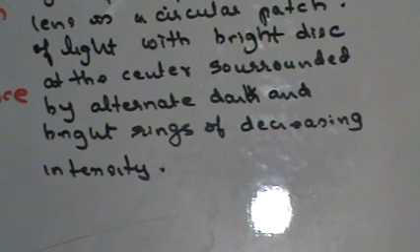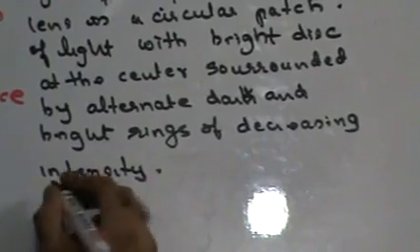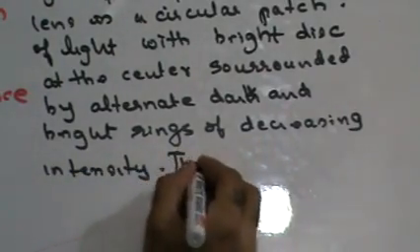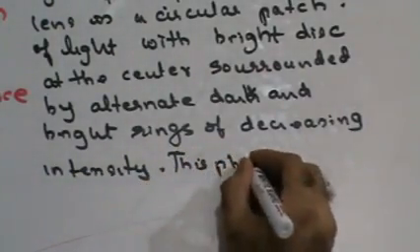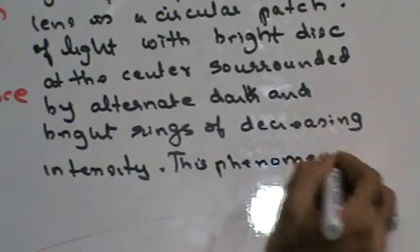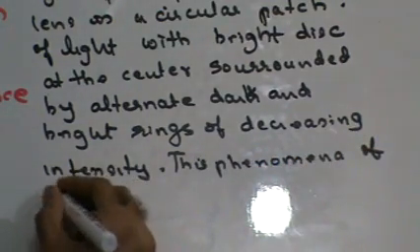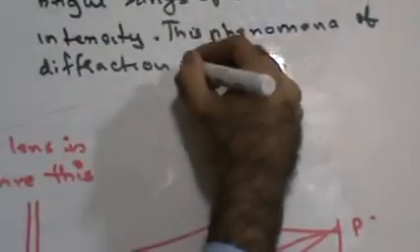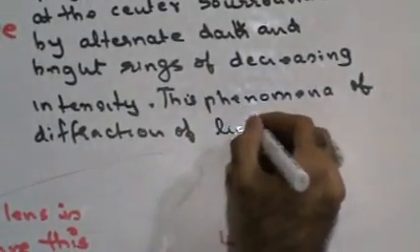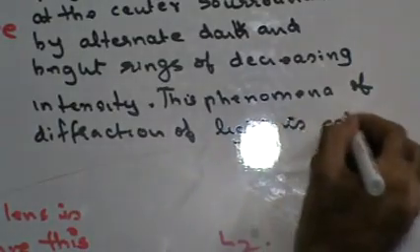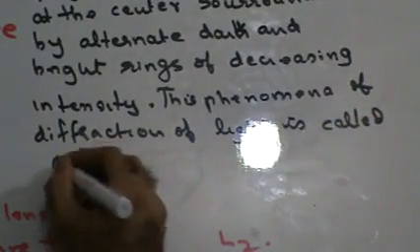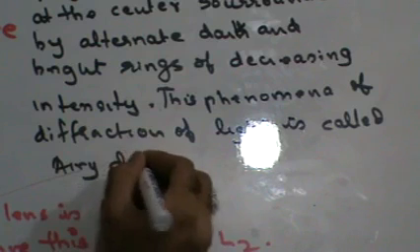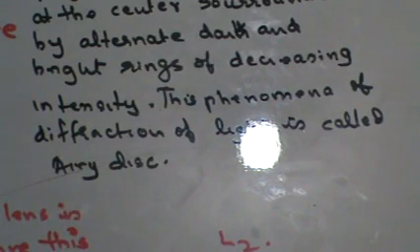This phenomenon takes place due to diffraction. This phenomenon of diffraction of light is called airy disks. So instead of a point image, I get an airy disk, right?